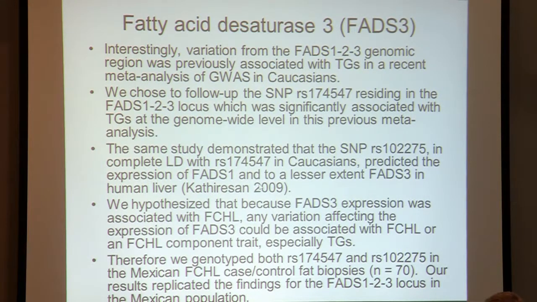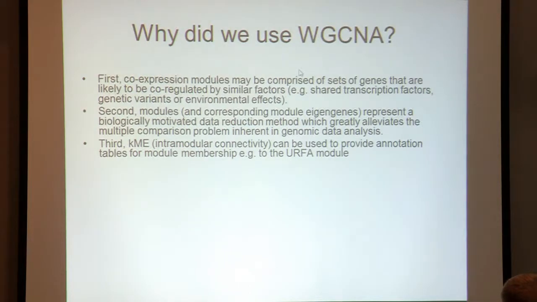My colleagues focused on this particular SNP in the FADS3 gene and showed that even in this subgroup of 70 subjects from the Mexican population, there was evidence that this SNP related to disease status. So there was, again, some evidence that this gene may be causally related.